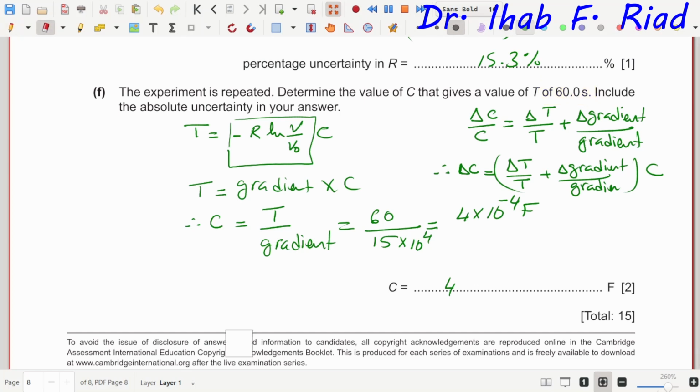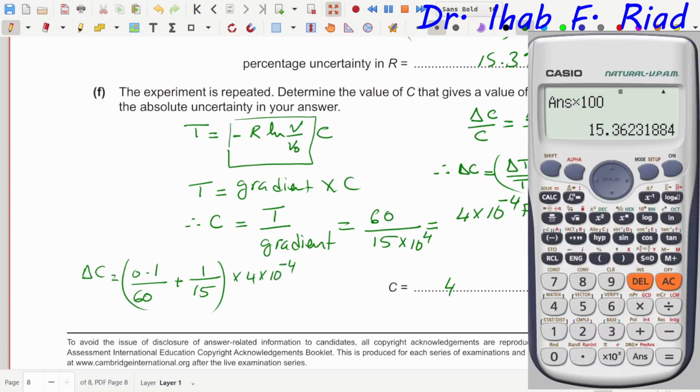So delta C is equal to 0.1 second divided by 60 plus delta gradient, which is 1 over 15, times C, which is 4 times 10 to the power minus 4.